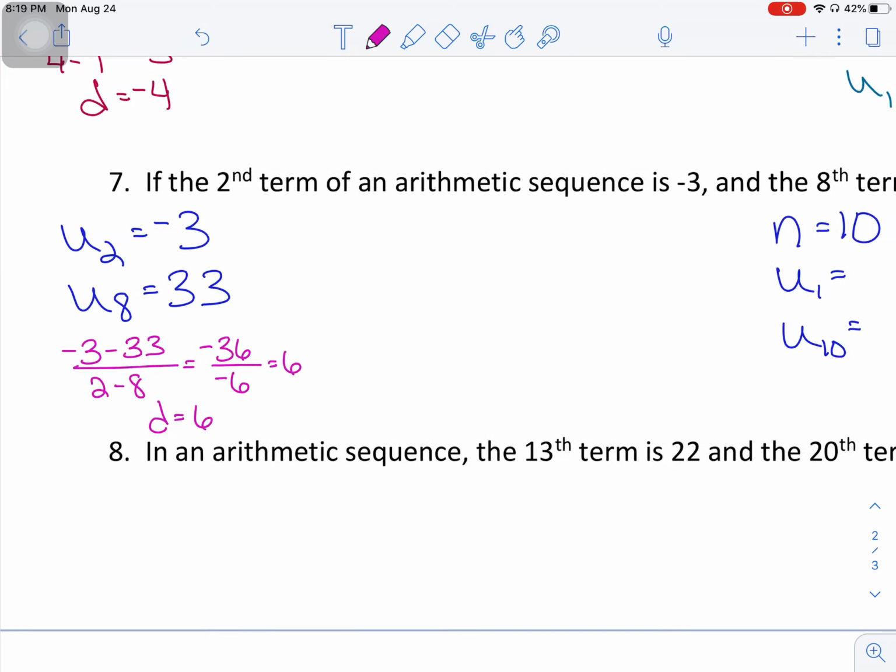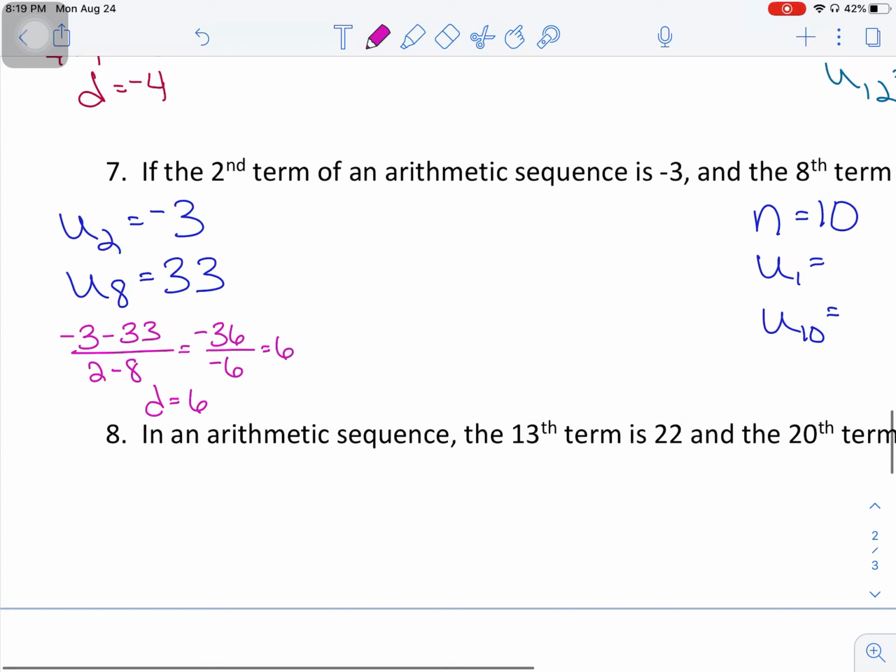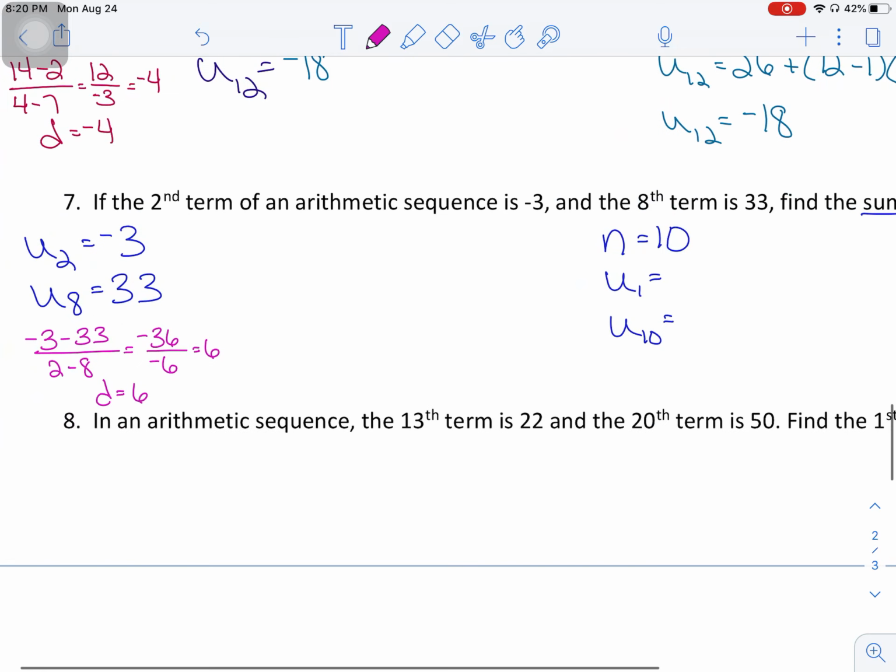All right. I am not going to use a full equation to find my u sub 1. I know that my u2 value is negative 3, so that means I had to have taken some number, added 6 to it, and gotten negative 3. The only way that's going to happen is if that first number was negative 9.